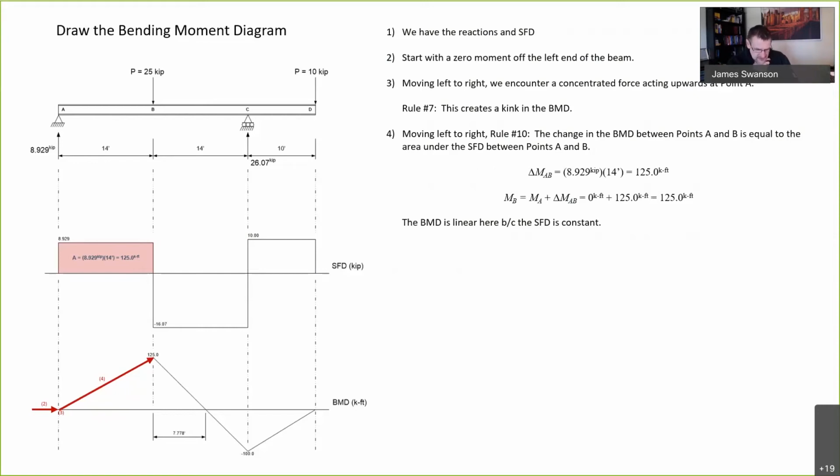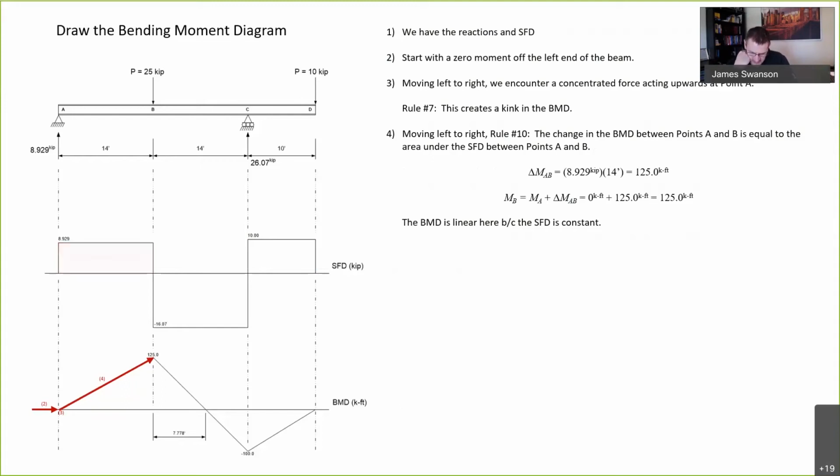The magnitude of shear between points A and B is 8.929 kips, so the slope of the bending moment diagram is 8.929 kips. That means that if we have a constant curve for shear in that region, a 0th order curve, if you will, then we have a 1st order curve in moment. So we integrate a 0th order curve in the shear to get to the 1st order curve in moment.